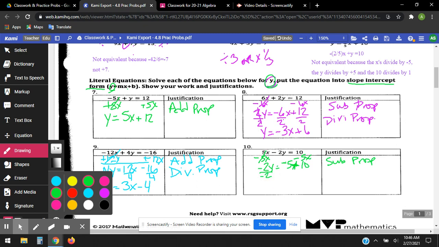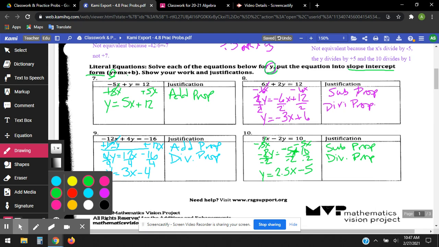Divide by negative 2, negative 2, negative 2. Y equals double negative makes a positive, 2.5x. 10 divided by a negative 2 is a negative 5. And that was a division property. Hopefully you're getting really good at these by now because we've been working on those a lot.